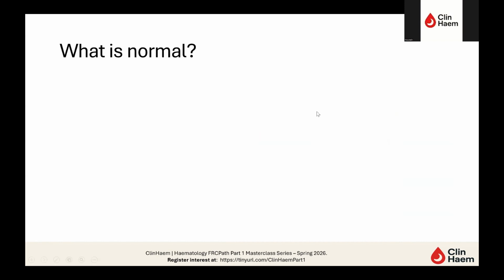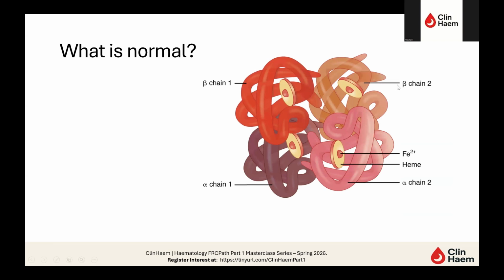Now, before going into what's abnormal, we need to know what is normal. And most of you would already know this, but this is the most important thing actually in hemoglobinopathy diagnosis, at least, to know what is normal. So this is a normal adult hemoglobin, two alpha chains, two beta chains. Each contains a heme molecule with iron in it to carry oxygen around.